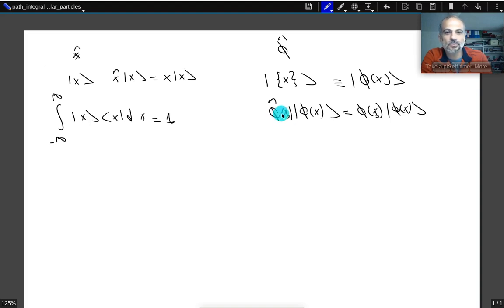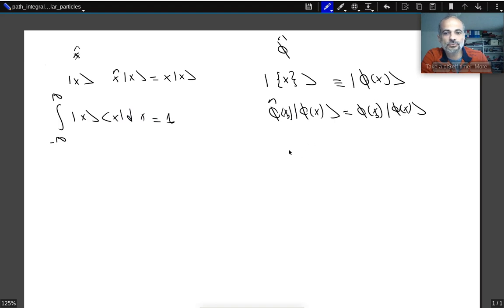Now here we don't have a single x operator, we have a collection of them, and each one has its corresponding eigenvalue. So this resolution of identity will also be modified. Now we don't have a single coordinate, we have a coordinate at essentially every point.